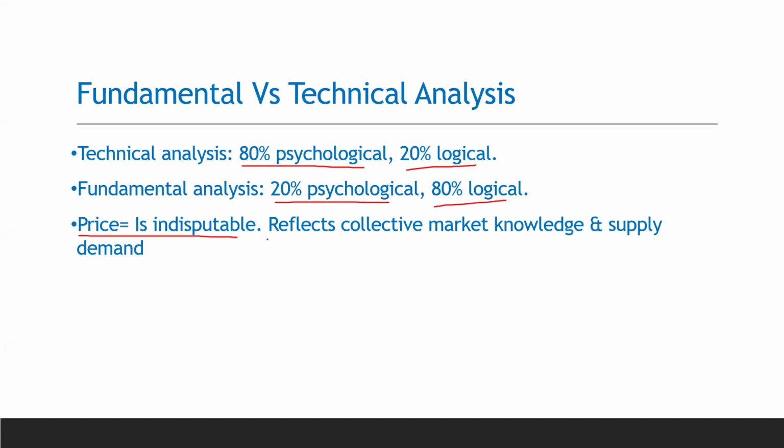Some foreign institutional investor, some mutual fund house, will have some knowledge and that will get reflected in the price of that stock or security. So they assume that price is indisputable. They don't talk about intrinsic value, that it will go up this much, all those things they don't talk about. In simple language, today's price is God.